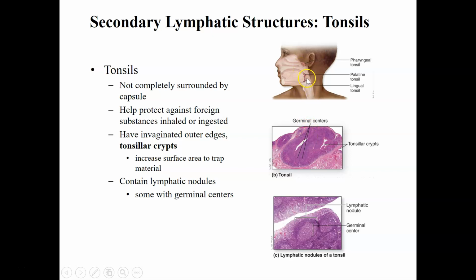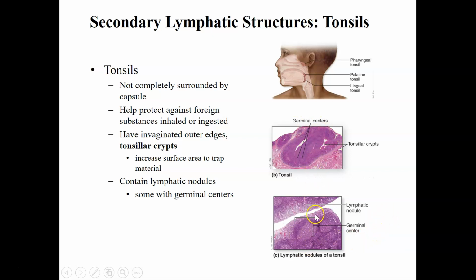So it could be the space of the pharynx mostly, or somewhat also into the oral cavity. Okay, so it's going to be exposed to stuff coming through. And it has these deep grooves or crypts. So this stuff can be trapped in there. It's going to slow it down, and that's going to give more opportunity for anything pathogenic, bacterium, to be exposed to immune system cells in the lymphatic nodule.